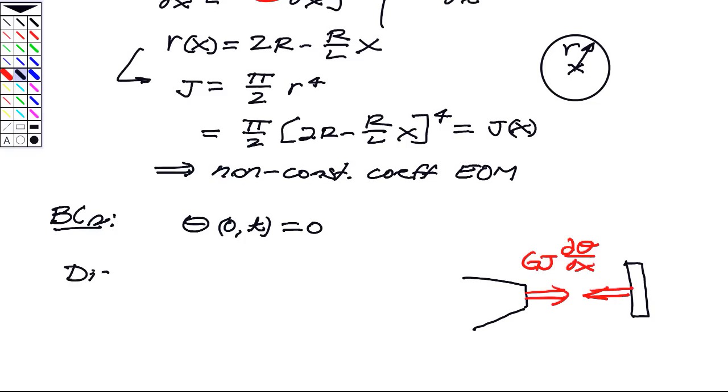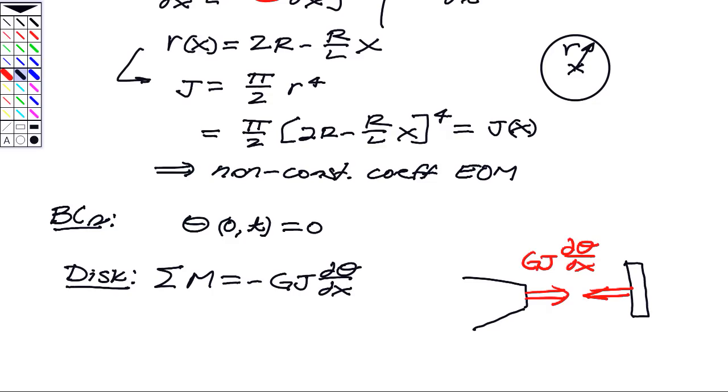Looking at the disk, not at the shaft, we do a summation of moments, and that is minus GJ partial theta with respect to x at the right-hand side, x equal to L, and therefore by Euler's equation, that's equal to the mass moment of inertia of the disk times theta double dot.